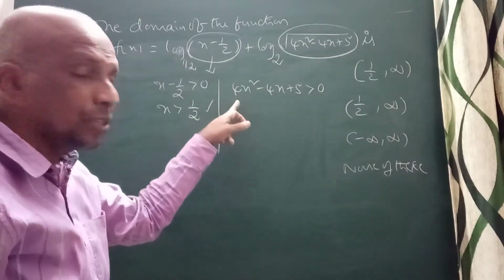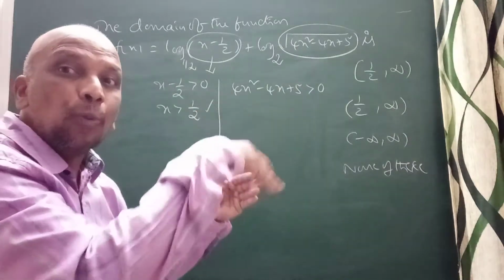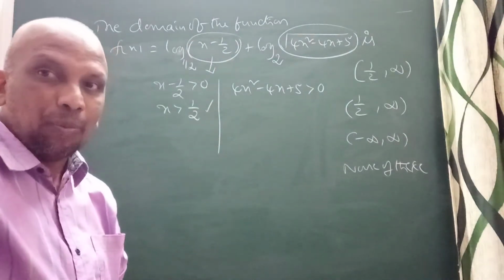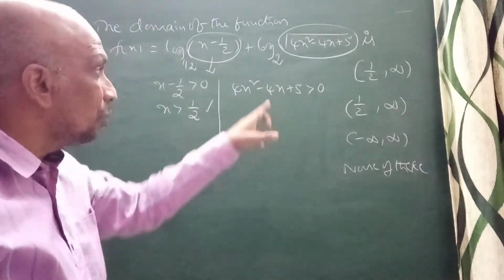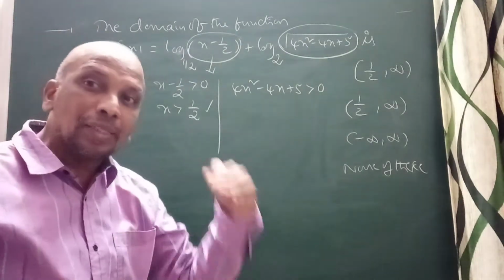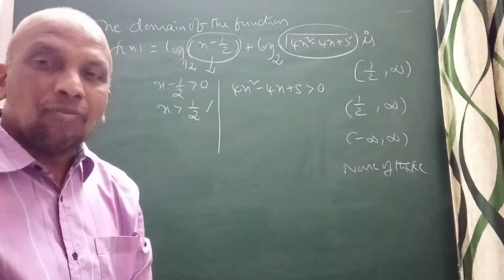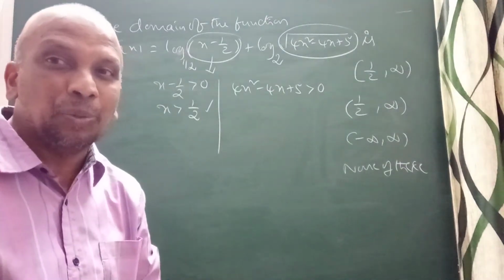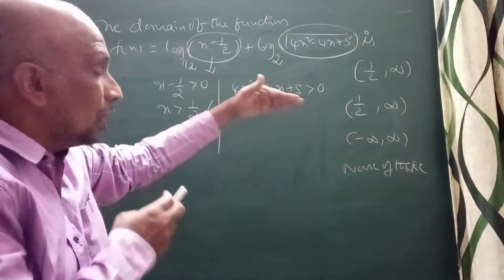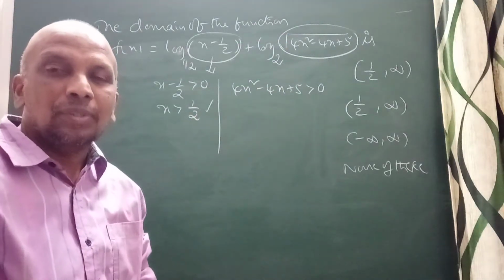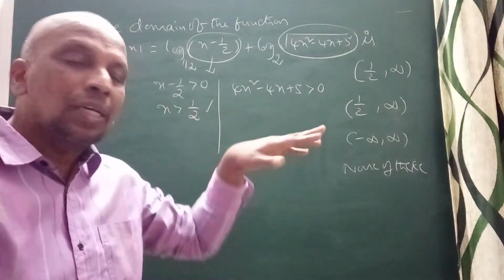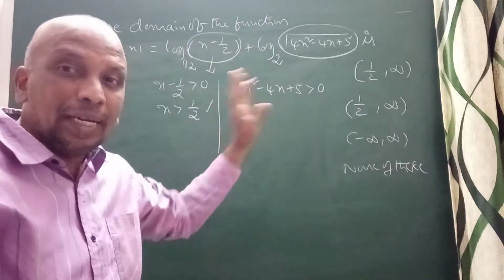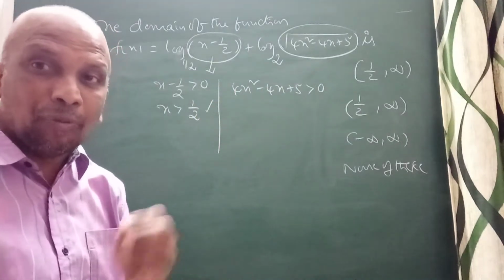The x square coefficient is 4, positive, so it is an upward parabola. If the discriminant equals 0, it touches the x-axis. If the discriminant is less than 0, the parabola is above the x-axis, which is true for every x.